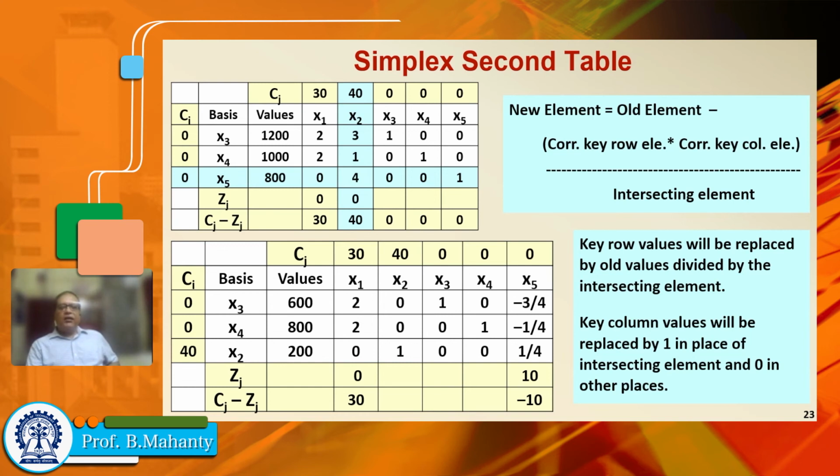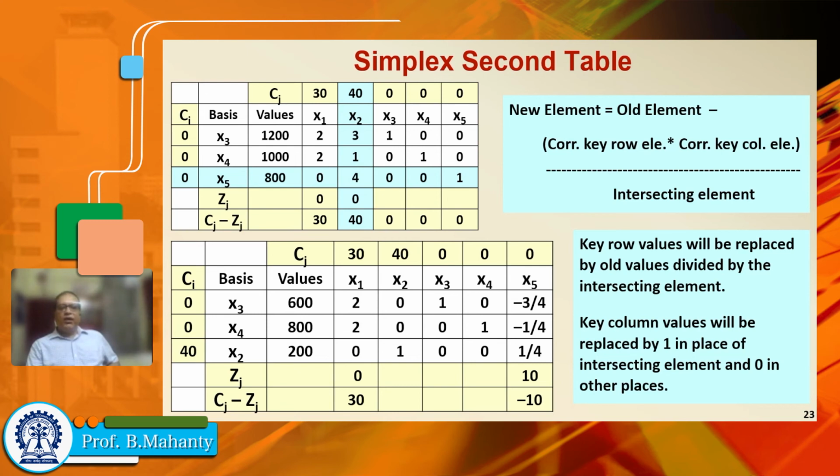Then the key column should be 0, 0, 1. The intersecting element is now 1, so other items should be 0. Then we look at the basic variables x3, x4, x2 in that order. So x3 is 1 0 0, x4 is 0 1 0, and x2 is 0 0 1. So the unity matrix is also obtained with regard to the basic variables.